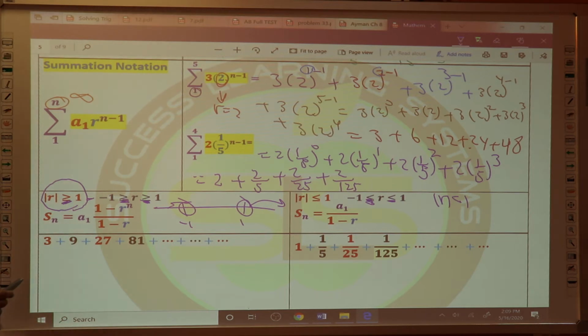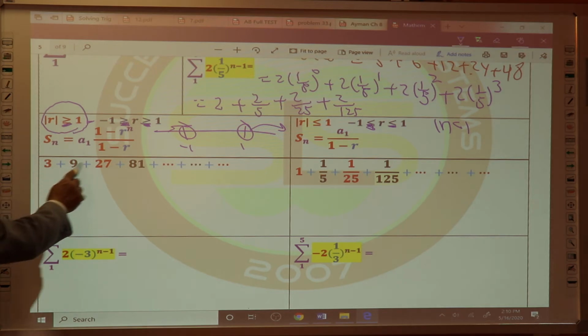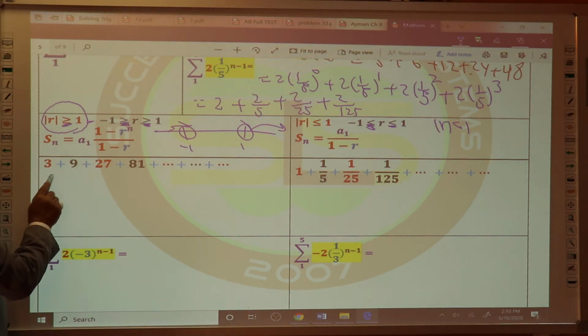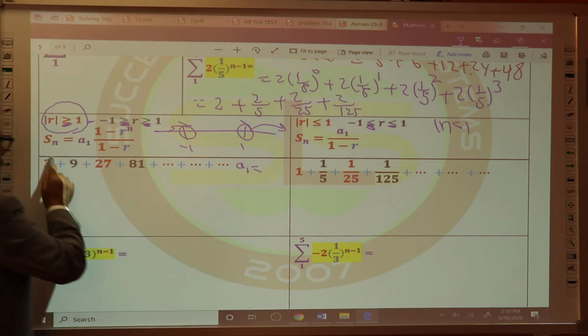Example here. The sum of n terms is how many? 1 minus R to the power n, over 1 minus R. Good? In this case here, what's A1 equal? 3.